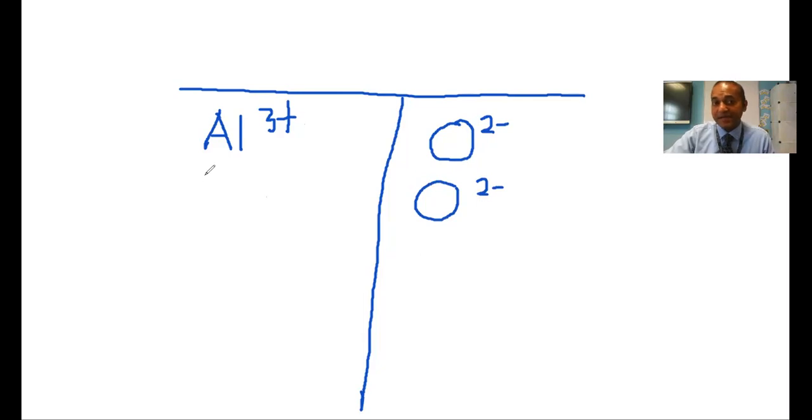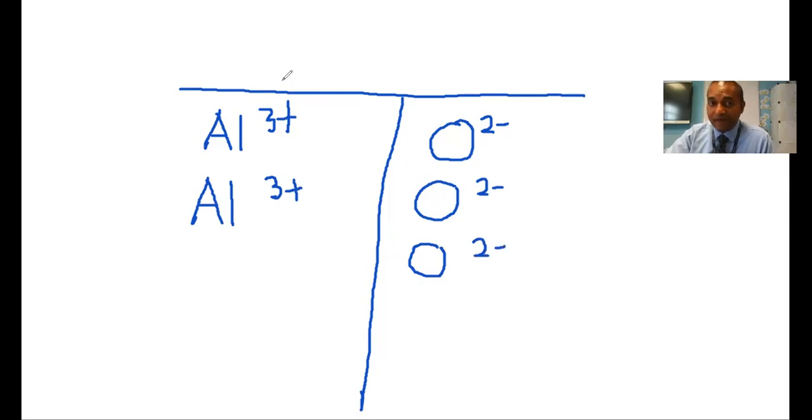Let me take another aluminium, which also comes with 3 plus. Now I have 6 plus and 4 minus. It's not balanced, so let me take another oxygen, which comes with 2 minus as well.